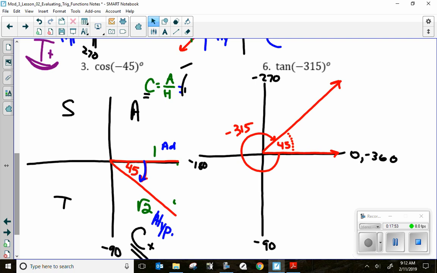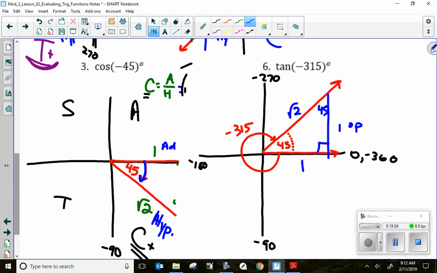So if I draw a triangle, 90 degrees, that's 45, 45, 90. That is 1, 1, radical 2. This is opposite. This is adjacent. This is hypotenuse. Tangent is opposite over adjacent. It is 1 over 1, which equals 1.